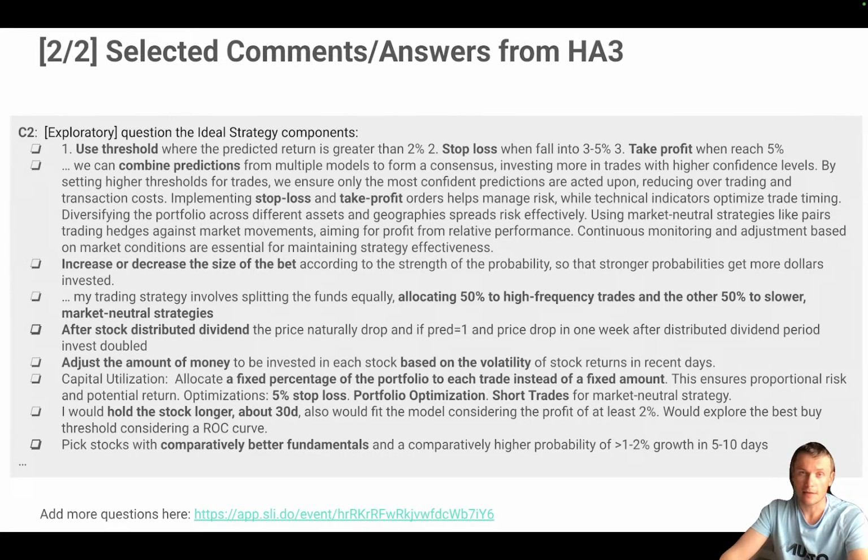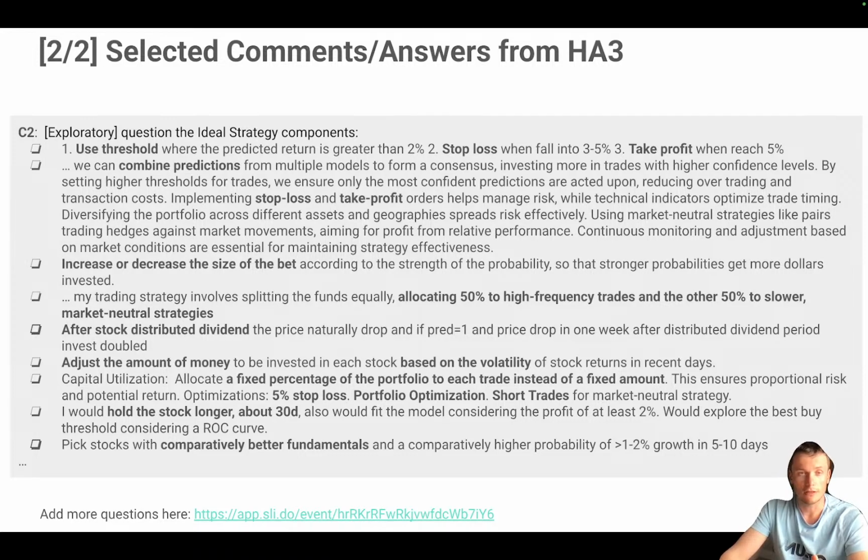It's called ensemble learning, and it can be not a random forest, but a set of predictions combined from different models, which produces better results. Then increase or decrease the size of the bet.